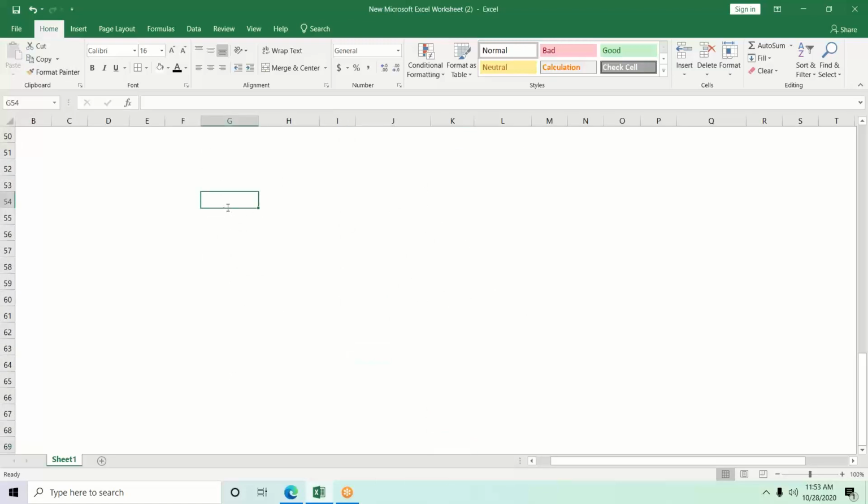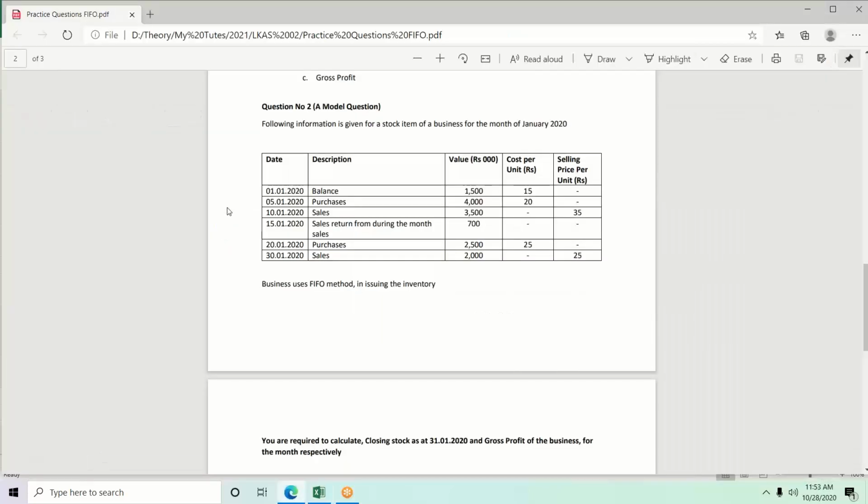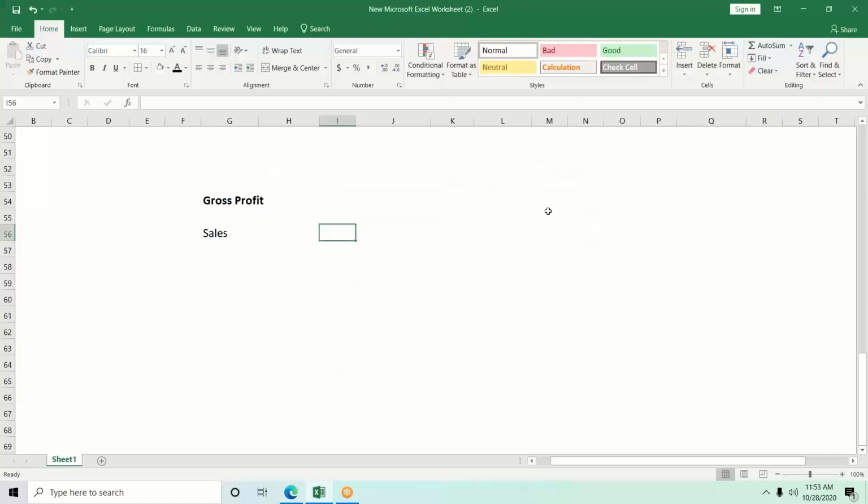Right. In addition to that, in this question they want you to calculate the gross profit. How are you going to calculate the gross profit? You get the sales minus cost of sales. Tell me, Putha, how many units you sold? 2,000 plus 3,500, altogether 5,500. There are two selling prices, and now you have to calculate the value of the sales separately.